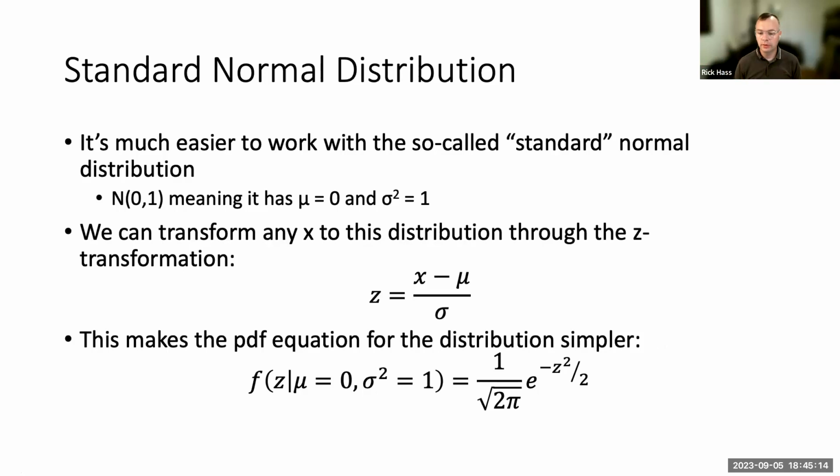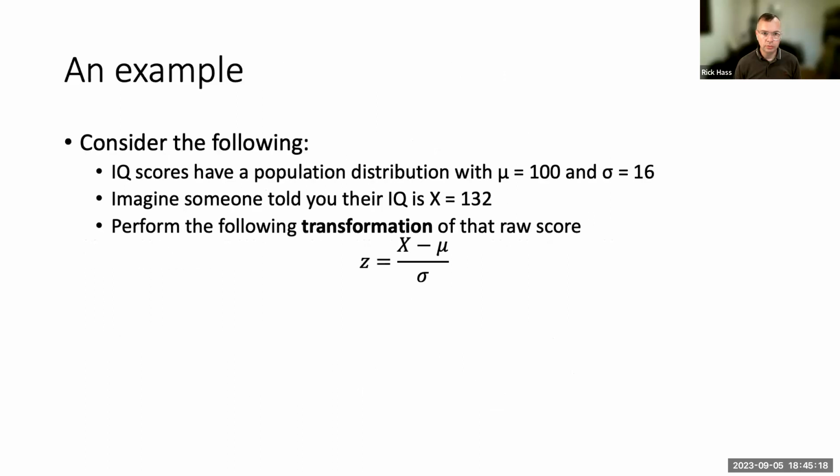So what you often learn in introductory statistics is to consider the following. Let's say that, again, IQ scores in the population are distributed with a mean of 100 and a standard deviation of 16. Imagine somebody told you their IQ is 132.